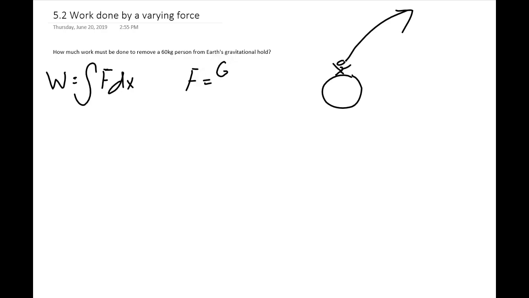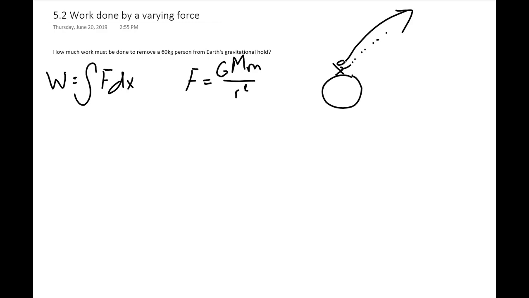It's going to be the gravitational constant times the mass of the Earth times the mass of the person divided by r squared, where r is the distance between the person and the center of the Earth. So you can see that as this person moves further and further away from Earth, r is growing, so the force is decreasing. So we ultimately are going to look at the work that it takes to remove the person from Earth's gravitational hold.